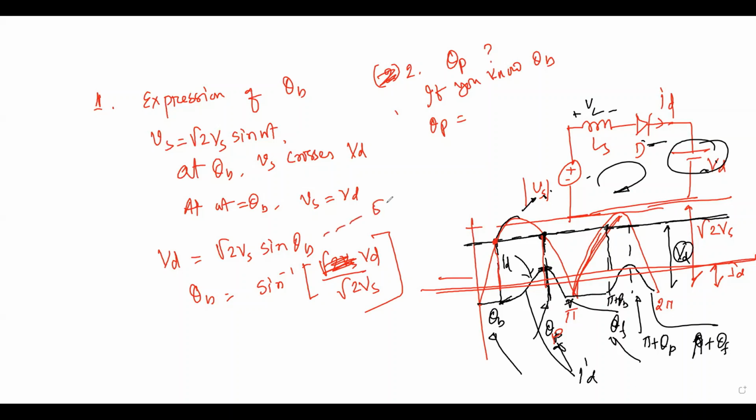This is your equation 5.34, this theta b. If you know the value of theta b, then what will be the value of theta p? Can anyone tell me, please, quickly? Sir, 90 plus theta b. Or pi minus theta b.